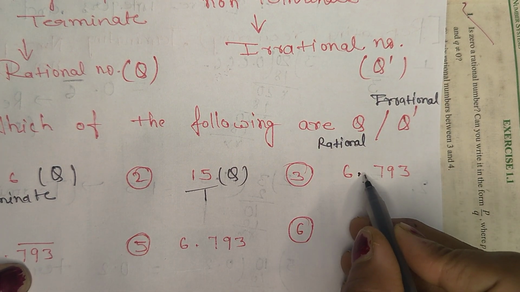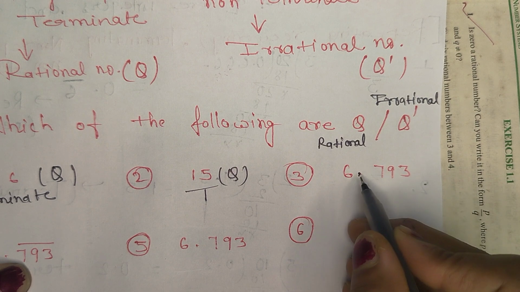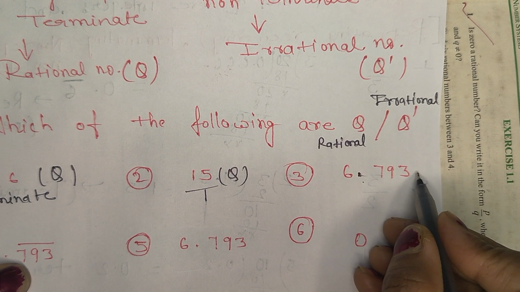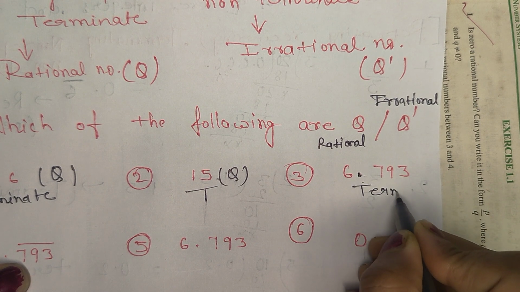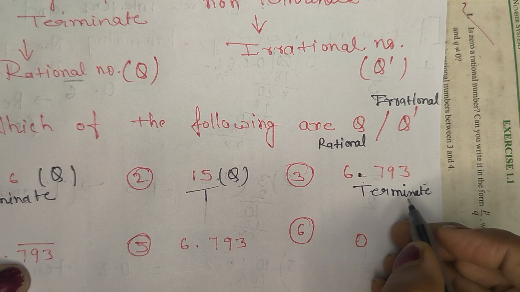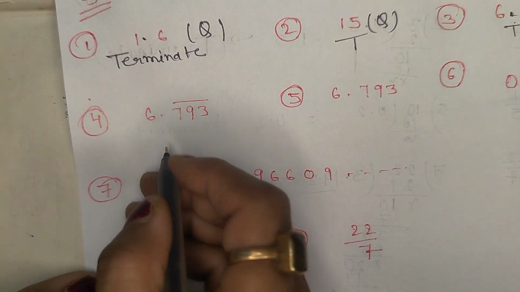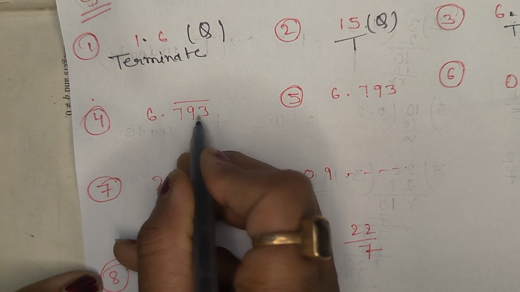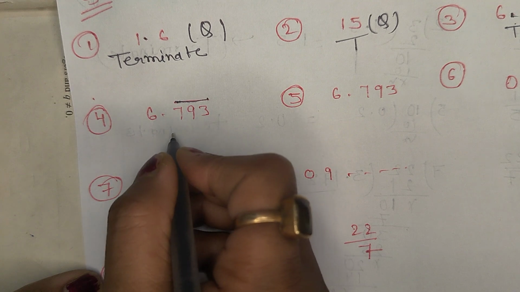So it is also a rational number. And 6.793 ends, so it is terminating, so it is a rational number. Again you see 6.793 with a bar.